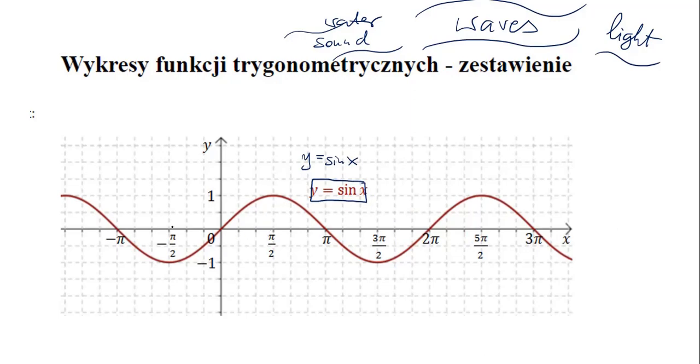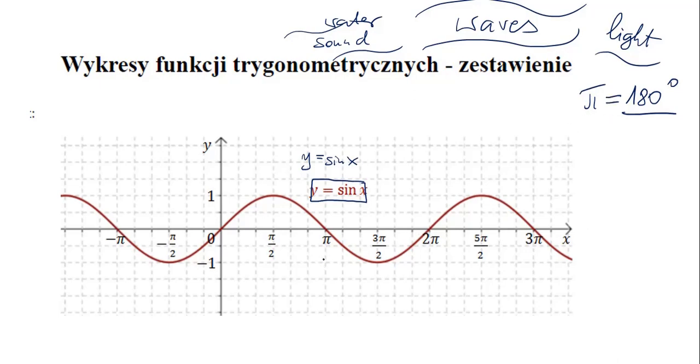So let's take a look at this function. This is how sine x looks. And I hope you know these little letters. If you don't know what pi means in terms of angles, you have to just look it up, because there's not much time for me now to describe it. But this is another way to describe angles. You can describe angles with degrees, like 180 degrees, but it's the same as pi.